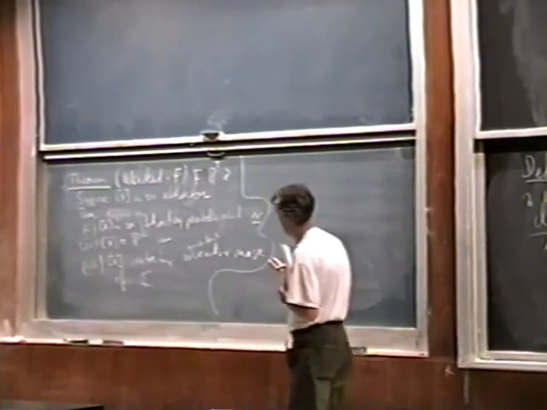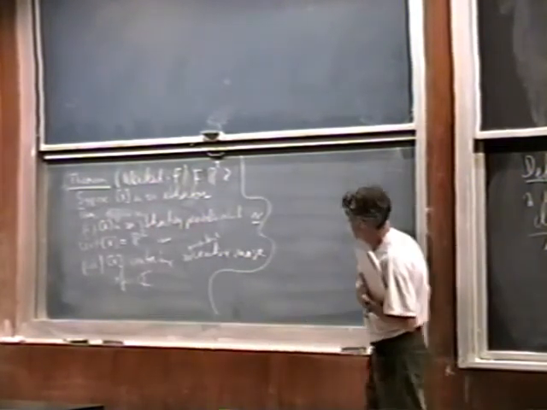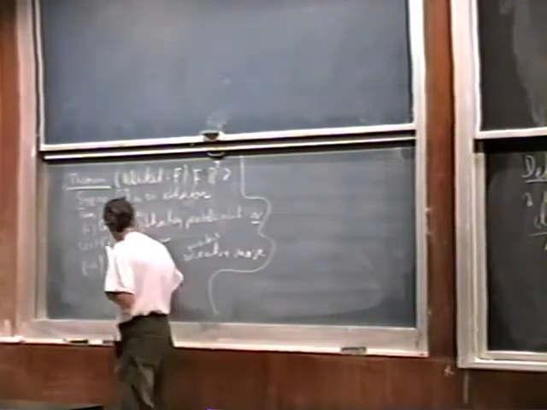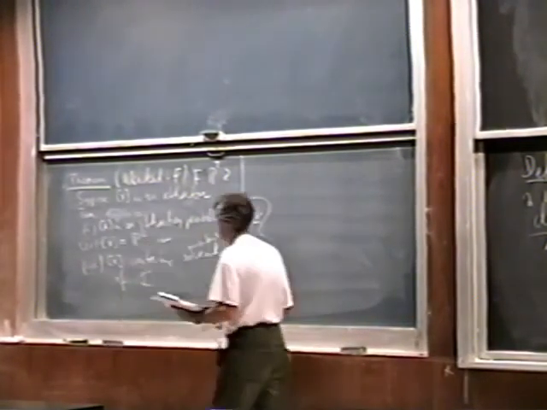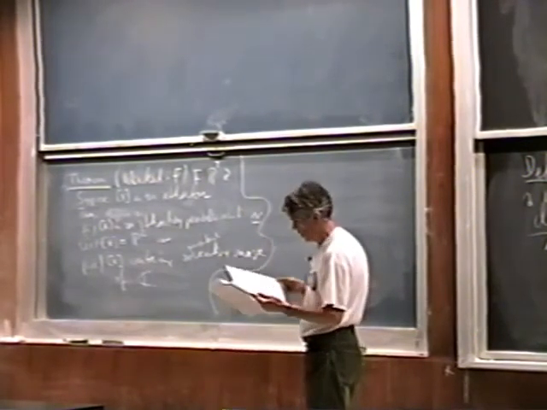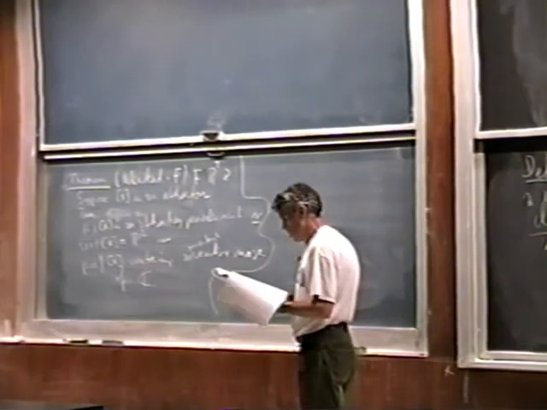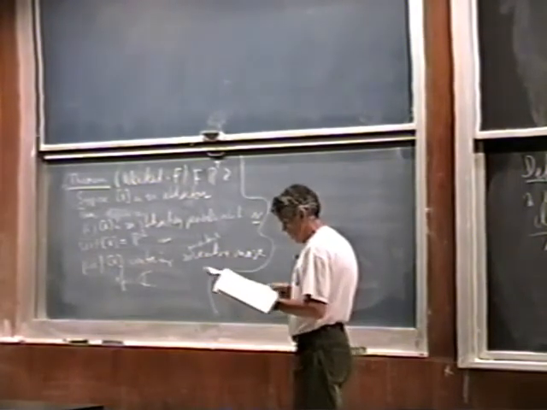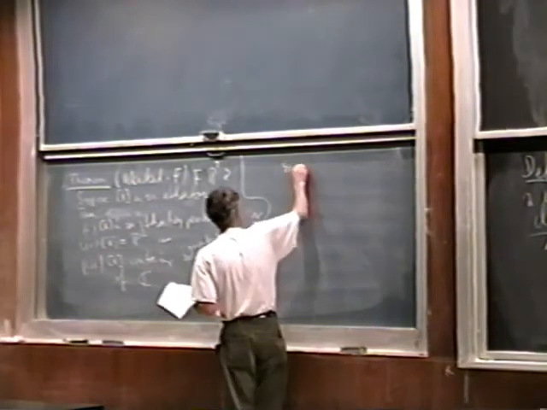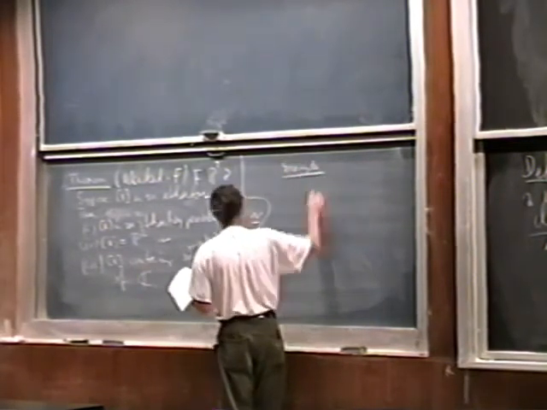So there's a holomorphic mapping from C into the attractor. Maybe I should just give an example first, because that's an easy to see trivial case.